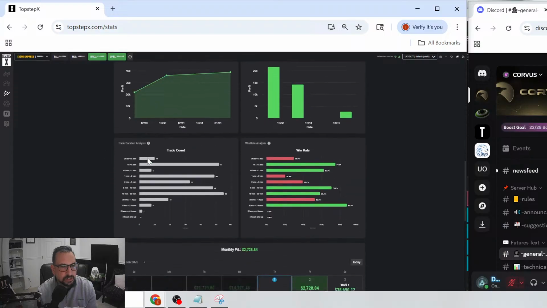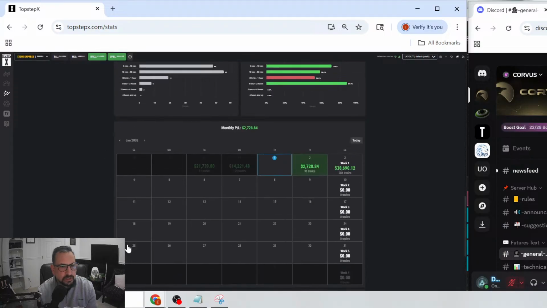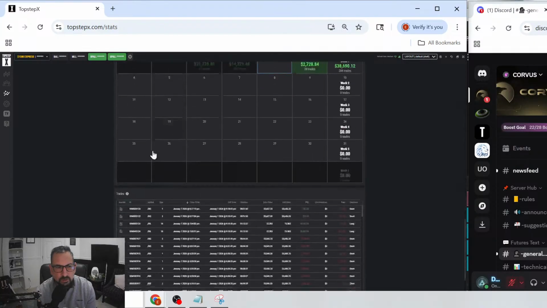Look at this. First week, I was up quite a bit today. I was at 8K, and then I tried to fade the NQ rip, and then I went too heavy on the contracts. But yeah, we got 40K in 3 days.